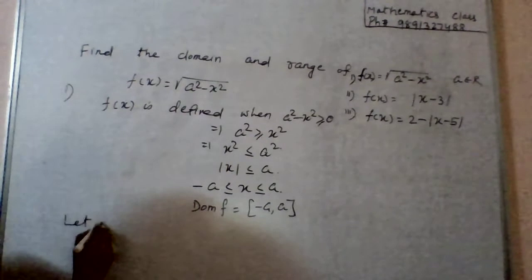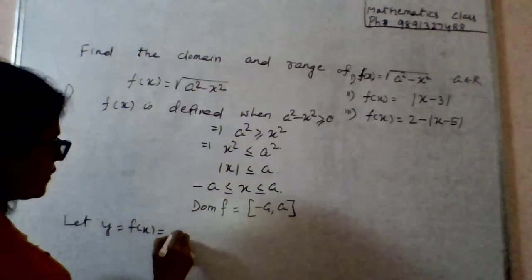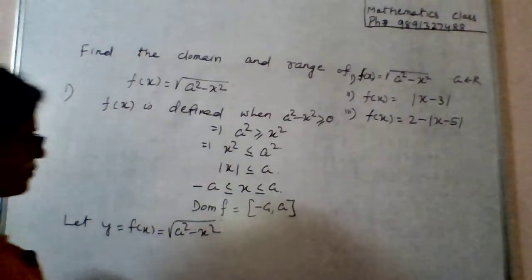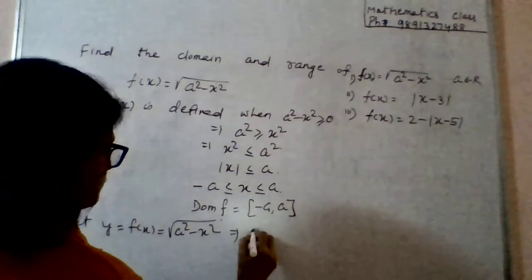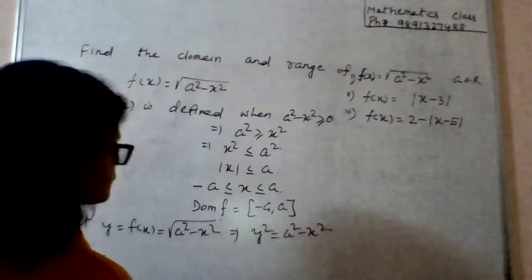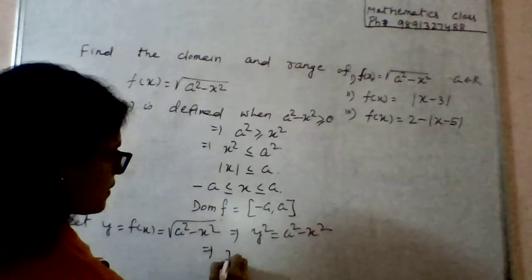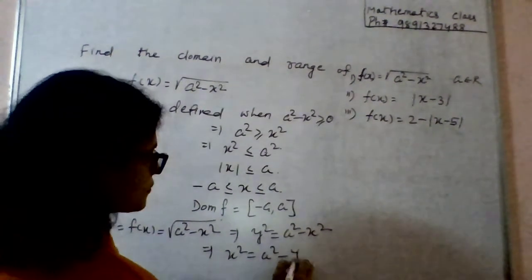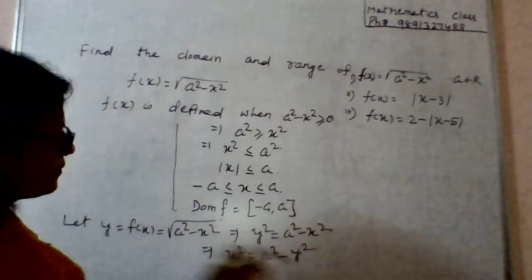Now see how to get the range of the function. Step 1, let y equal f of x, that is equal to the square root of a square minus x square. This implies y square is a square minus x square, or you can say x square equals a square minus y square.